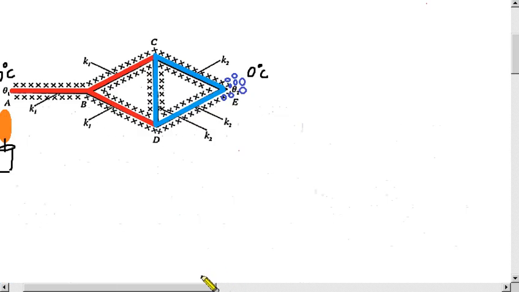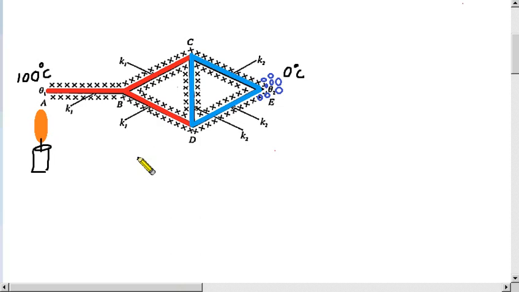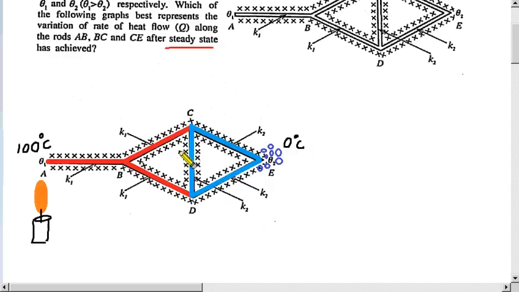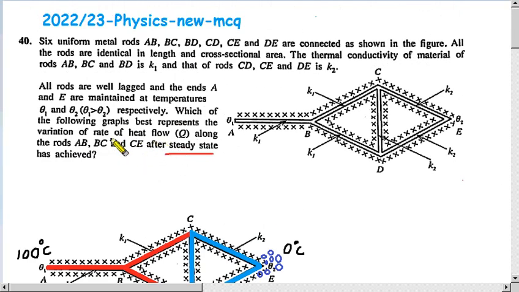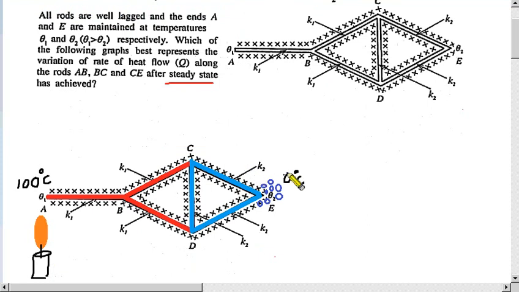What they ask is the variation of rate of heat flow, capital Q, that means dQ by dt. We normally write it as Q divided by t.